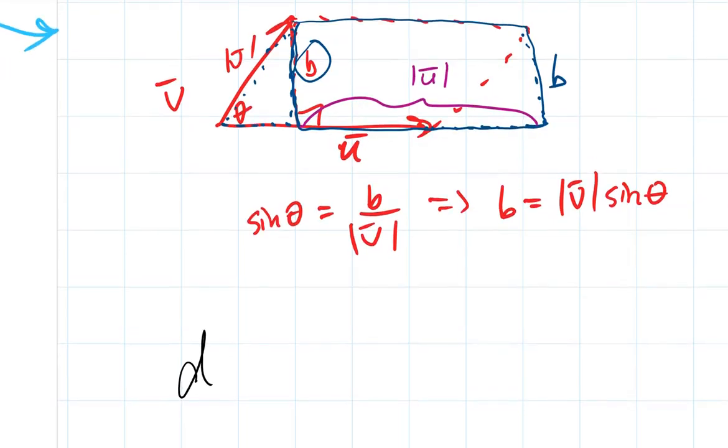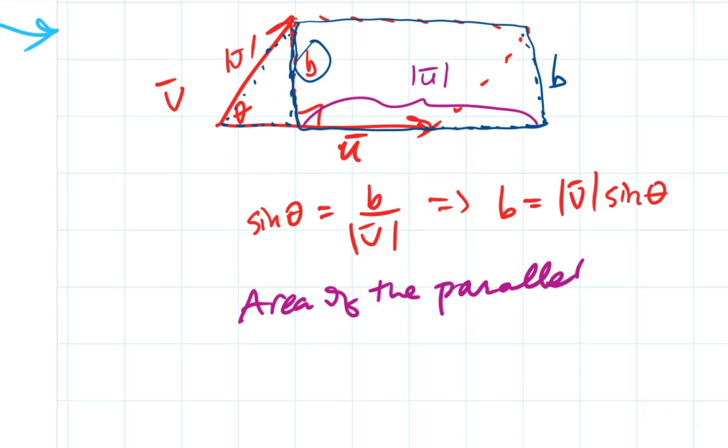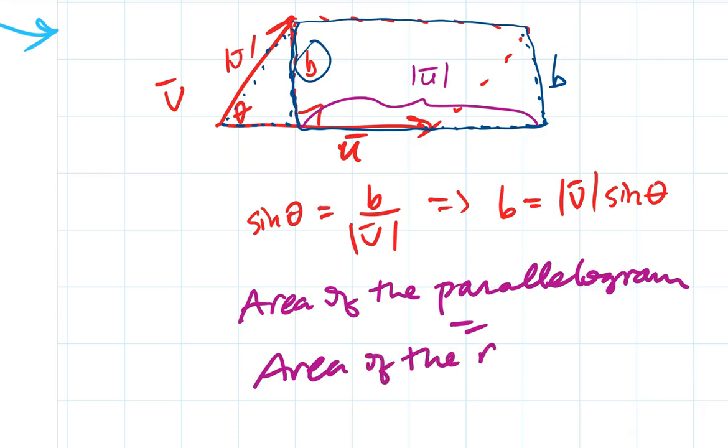So what we have here is the area of the rectangle. Well, let's say the area of the parallelogram is equal to the area of the rectangle. And the area of the rectangle is equal to the length of u times b.